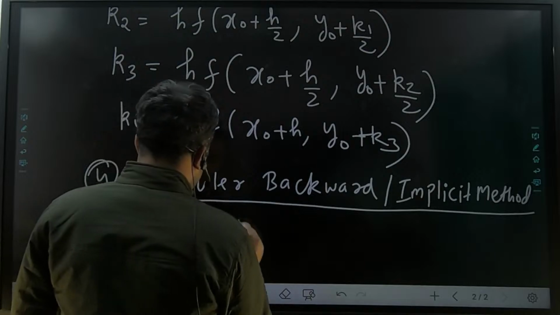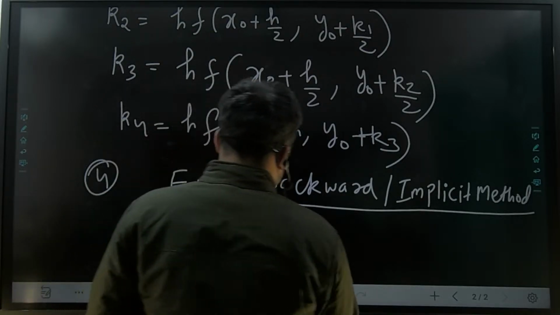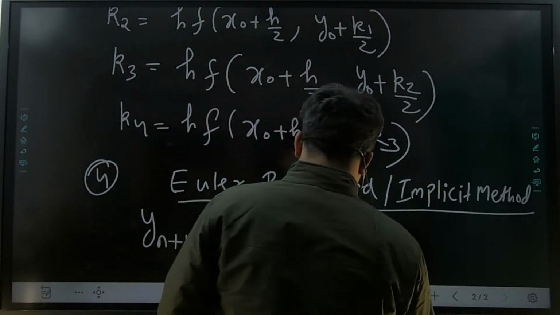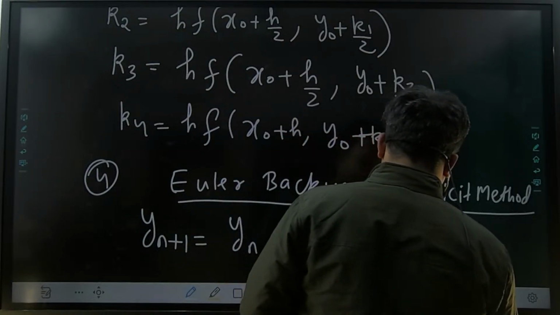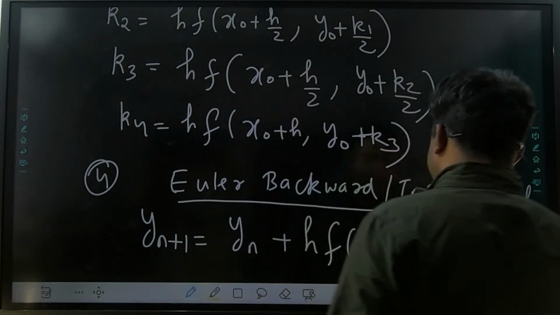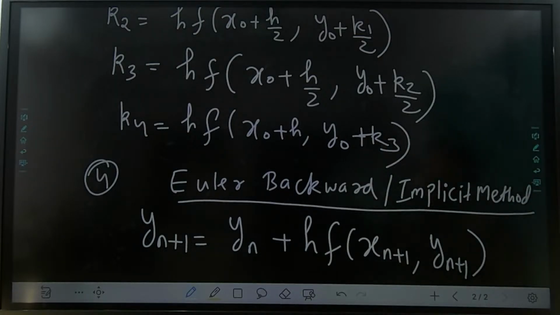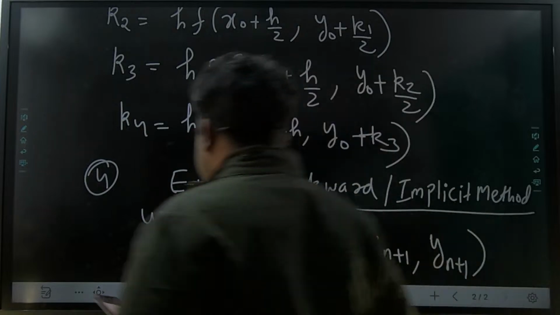It is equal to yn plus h times the function value where x we are calculating at n plus 1 and y is calculated at n plus 1. And x is what?